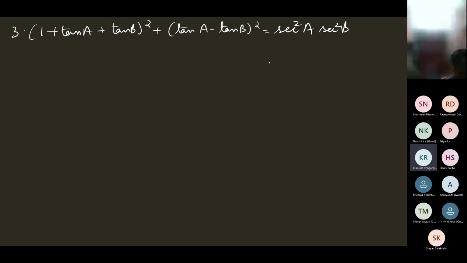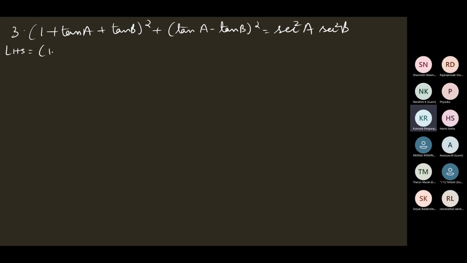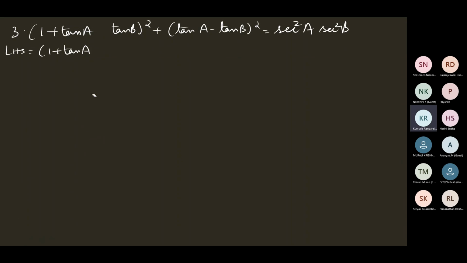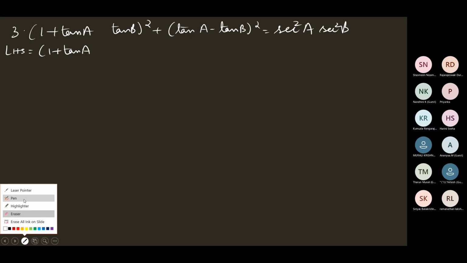Secant square A into secant square B. All right, children, so take up the LHS. LHS is equal to 1 plus tan A tan B. It's not plus, children, it should be tan A tan B. Just a minute, don't erase anything, I'll write it clearly again.